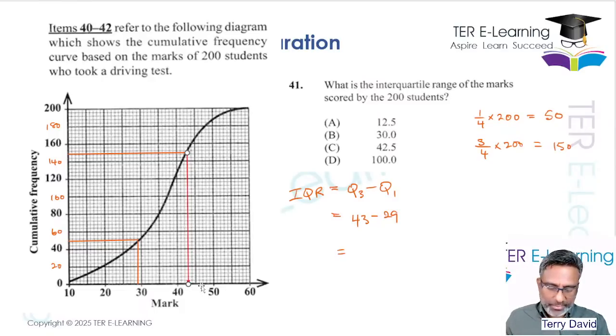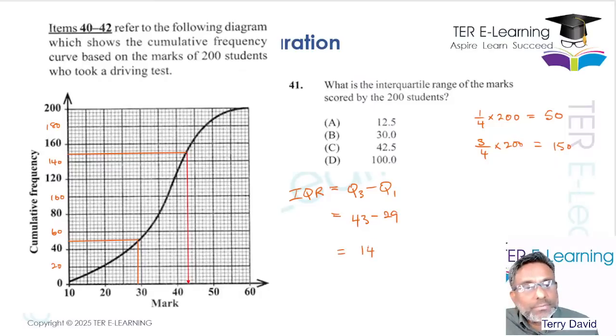It still looks like about 43, and I'm getting a value of 14. So the only thing that's close to that is going to be A. I don't know how to get 12.5. In a case like this, you're looking for the closest answer.